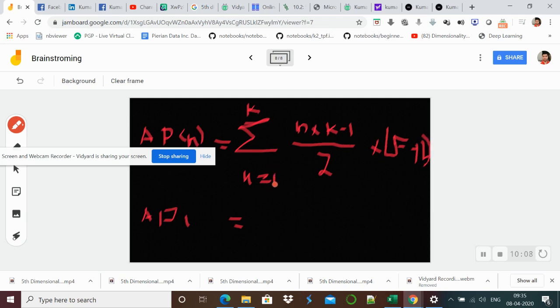So n goes from the first dimension to the kth dimension. Here the hypercube of k minus 1 is applicable, up to the hypercubical value of the k minus 1th dimension.